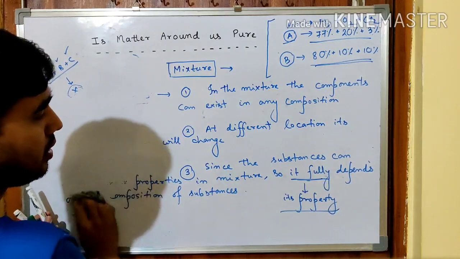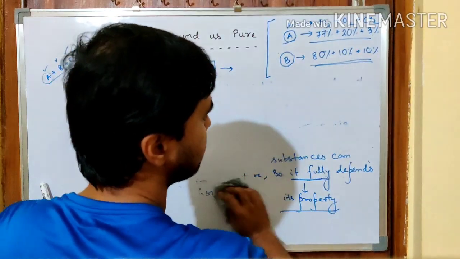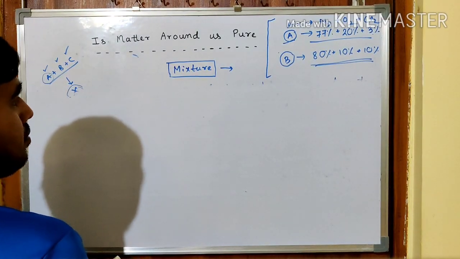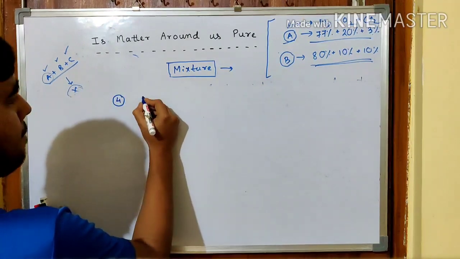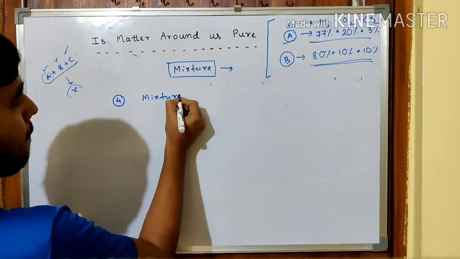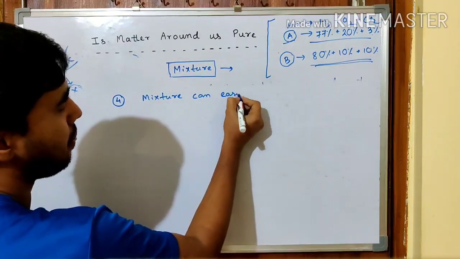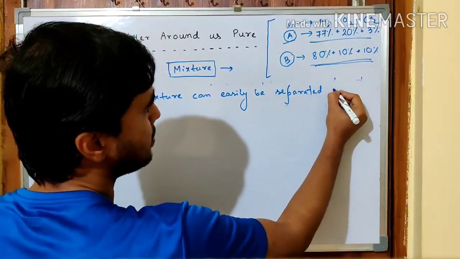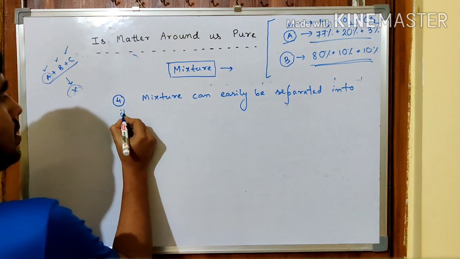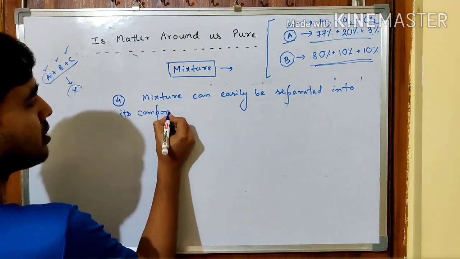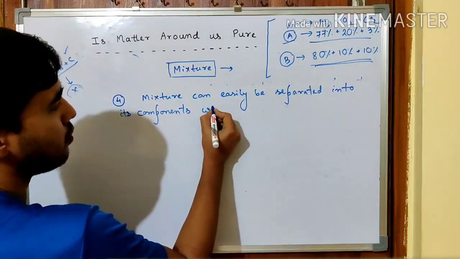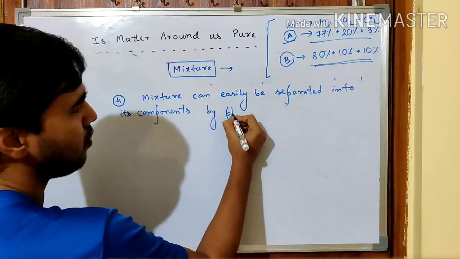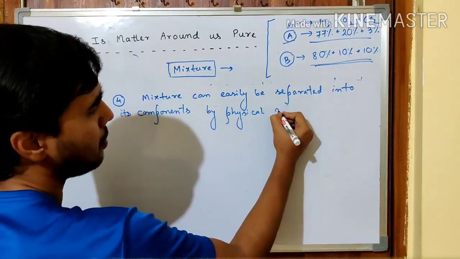Similarly, if we go to the next point, write it down. In the next point, a mixture can easily be separated into its components by physical methods.